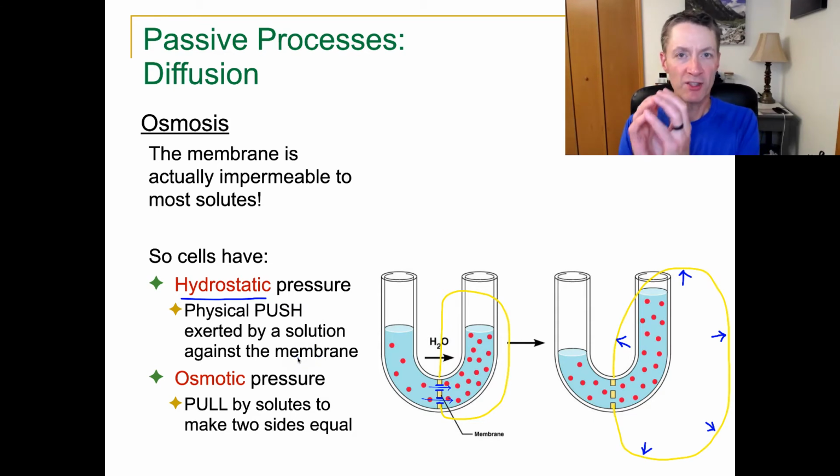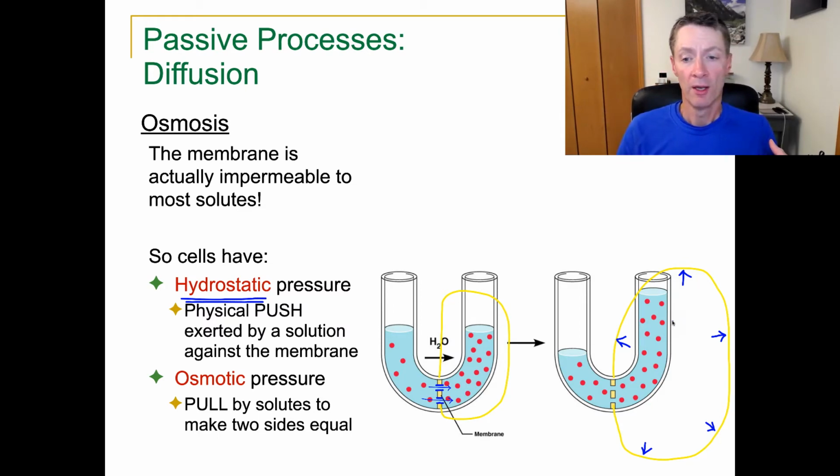So if we have a cell and we put it into a solution that's rather dilute, right? Lots of water compared to what's in the cell, we would expect this cell to blow up and have a lot of what we would call hydrostatic pressure against the inside of that membrane. That's hydrostatic pressure, a physical push exerted by a solution against that membrane.